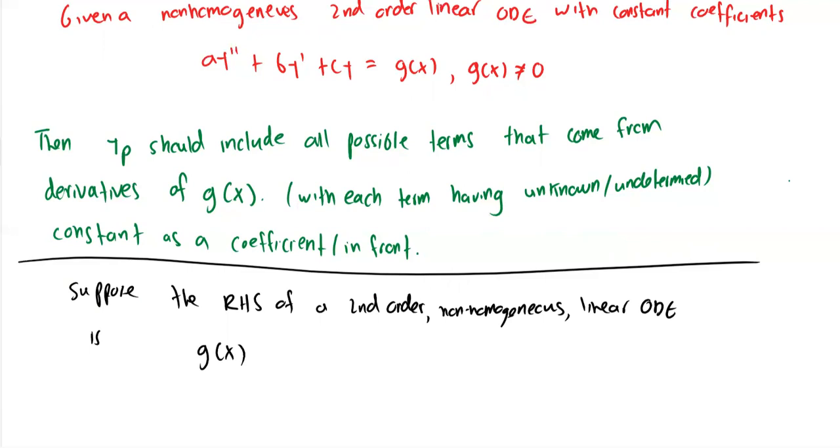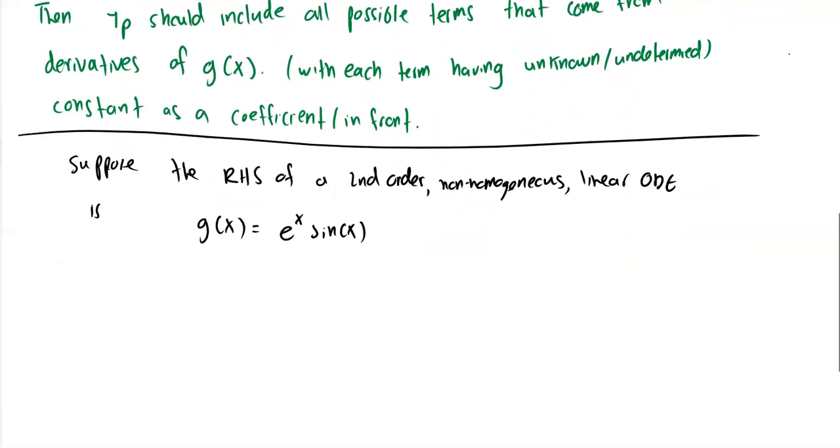So something like e to the x times sine x. Right? So that's the right-hand side. Find a form for y sub p.